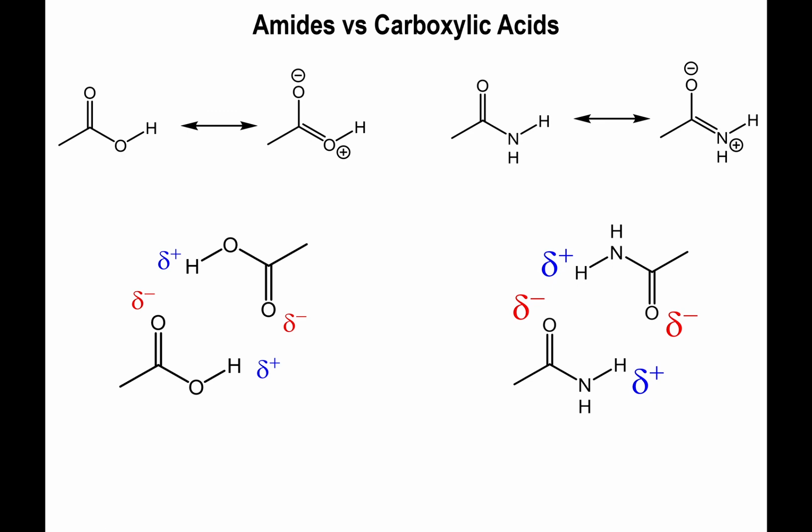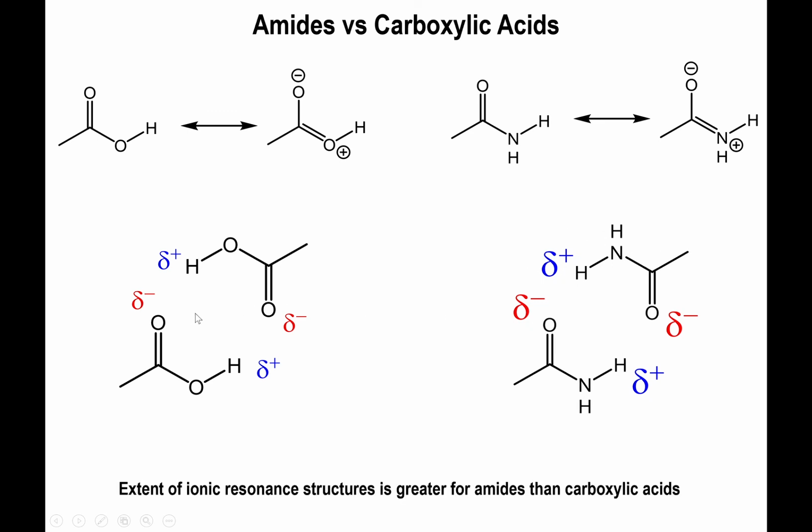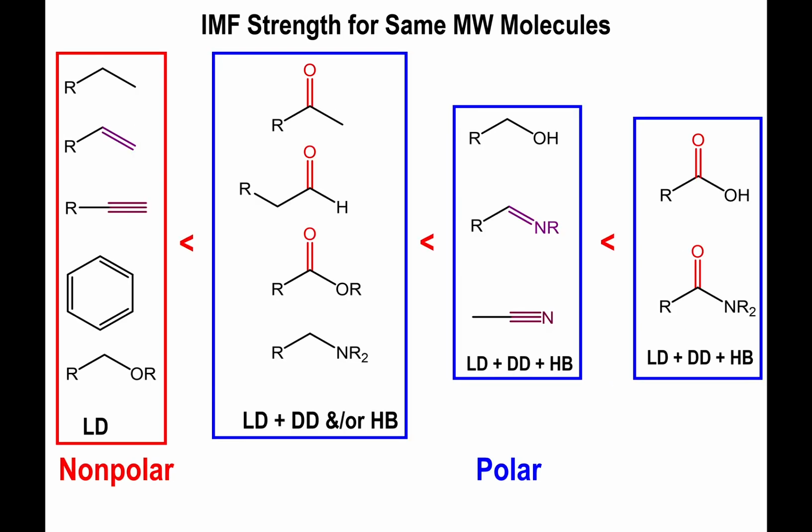So you end up with delta pluses and delta minuses for a greater amount of time in your amides than you do in your carboxylic acids. And the result is that you end up with higher boiling points with the amide family in comparison to the carboxylic acids.